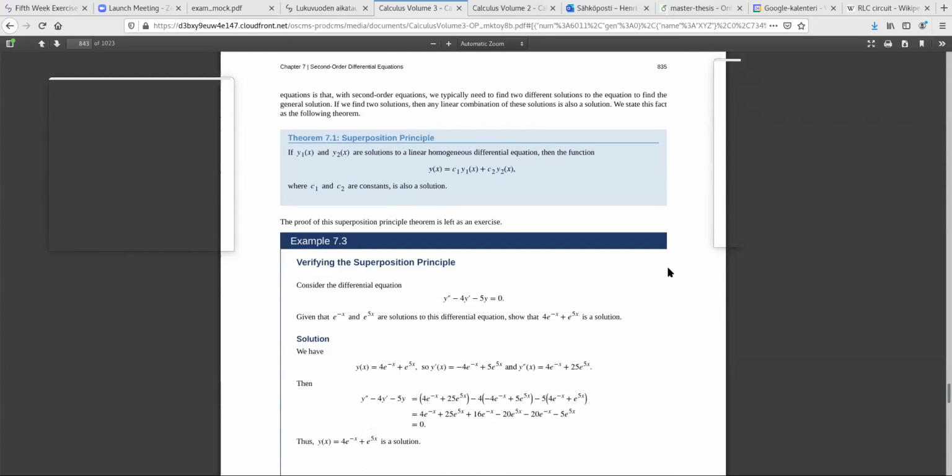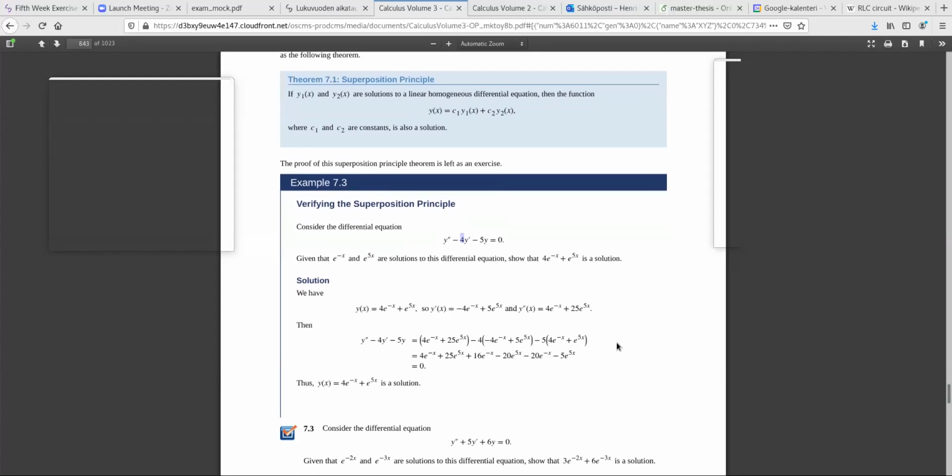Any linear combination of solutions is always a solution to the homogeneous differential equation. If on the left you have things that depend only on y, and on the right you have 0, and the y is a coefficient and it's linear on the left, then a linear combination of two solutions is always a solution to a homogeneous equation like this.